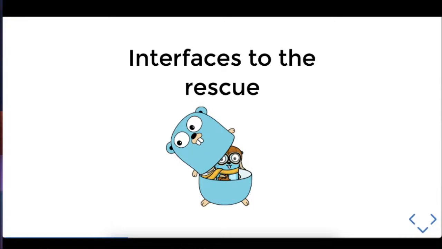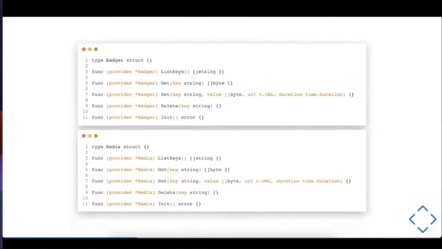For example, in Swan we have some providers to let the user decide which kind of storage system should be used depending on the matched URL in the full version. And here we are defining the type of each provider. Each provider defines the same functions like list keys, get, set, delete, and many other functions.